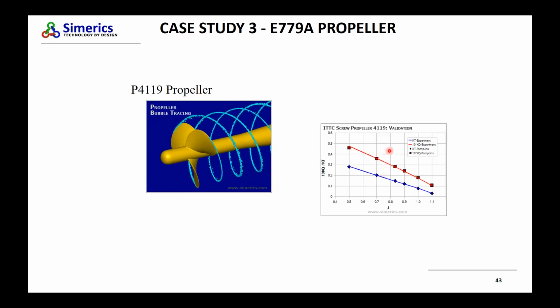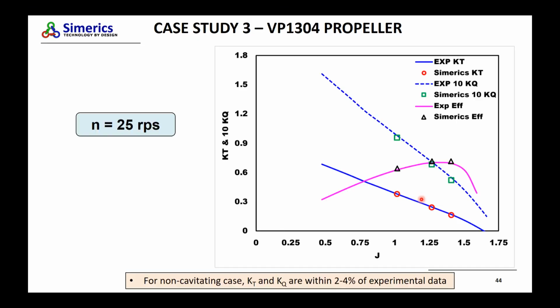Here I have one more validation for the screw propeller 4119, and you can see a comparison between the coefficients, the KT and KQ, for the experiment compared to Simerics. Again, we have matching here, with the maximum difference around 4% compared to the test data.